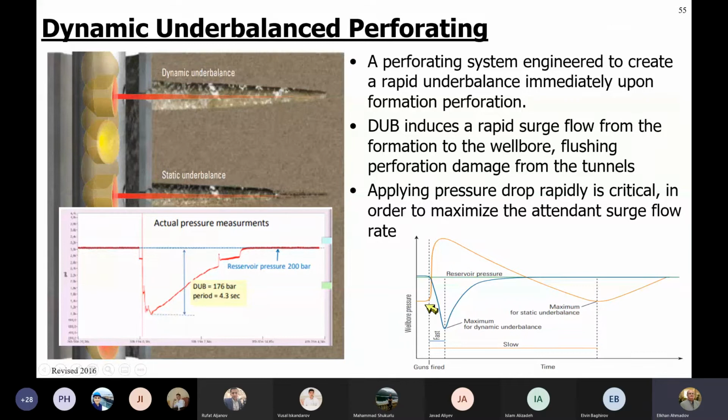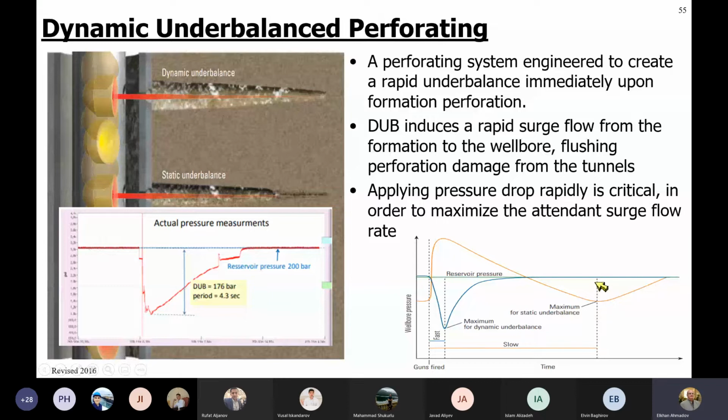And as we start shooting, due to the created high pressure and temperature from the explosion, some pressure increase is observed, but then the total pressure in the wellbore goes down and we get some desired pressure drawdown in the wellbore.